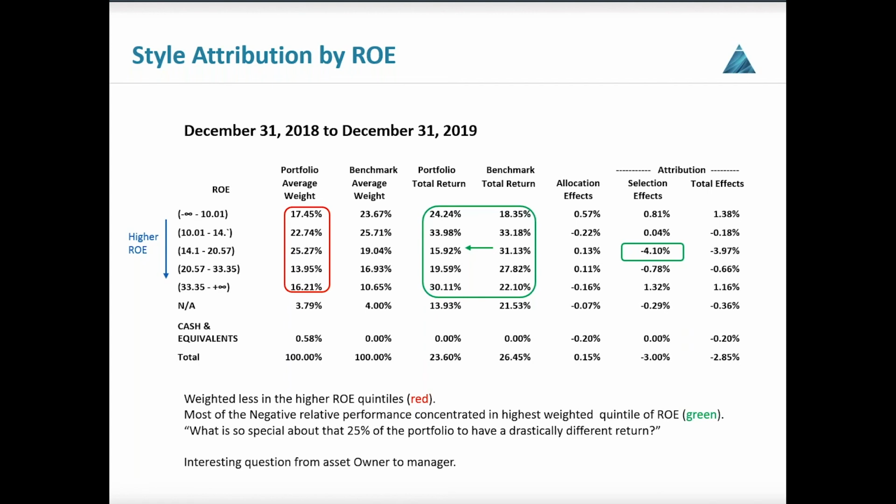If we look at the performance, we can see that all of the negative performance comes in that middle quintile at minus 4.1%. The question here is, what's so special about that 25% of the portfolio to have such a low performance, whereas the rest of the portfolio, the other 75%, seems to do much better in terms of stock selection? Again, interesting, provoking questions for a manager.